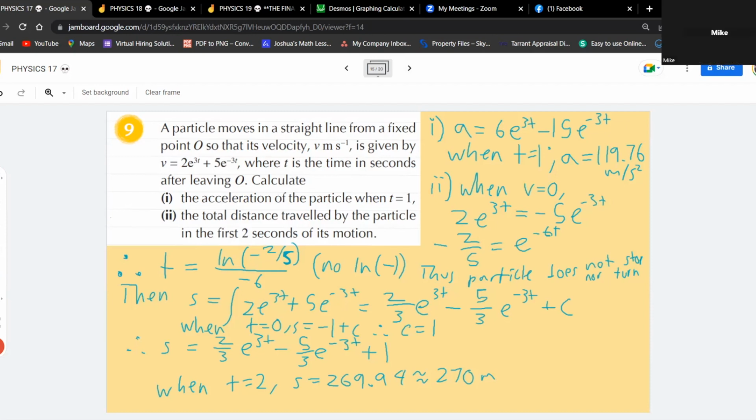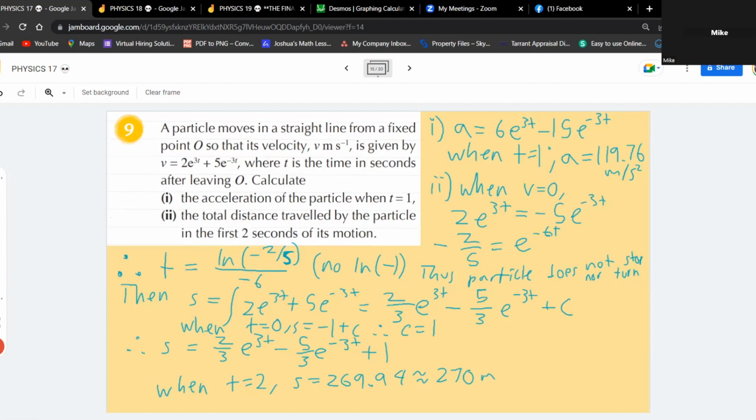And then when t equals 1, a is equal to, okay, 120 meters per second squared.